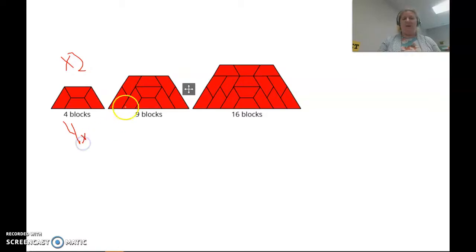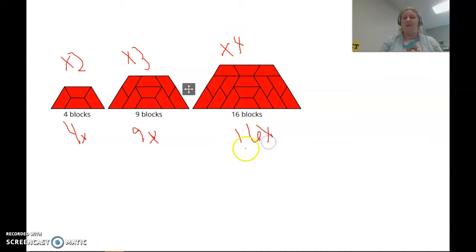Okay, and this one, when I tripled it, it's not 3 times as much as the original. Remember, the original was one block, so it's 9 times as much. This one isn't 4 times as much, but it's 16 times as much.